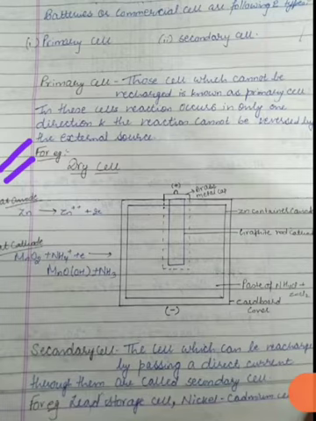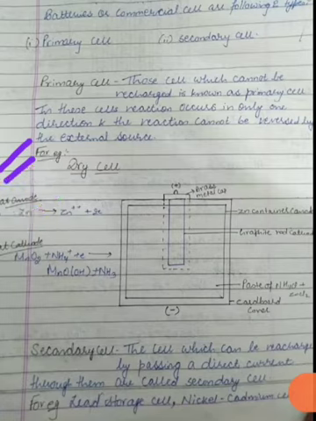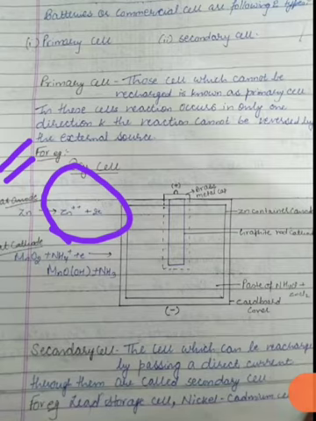As told earlier, at the anode oxidation takes place, and we are taking the zinc cylinder as the anode. Here zinc loses 2 electrons and converts into Zn2+, so oxidation takes place.